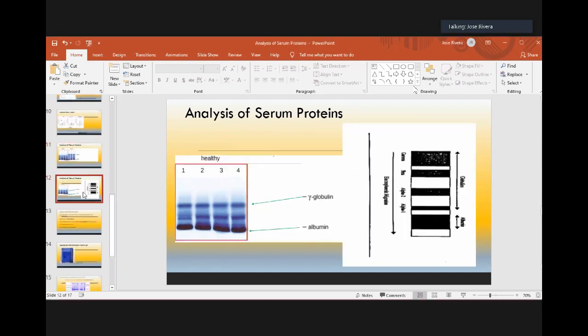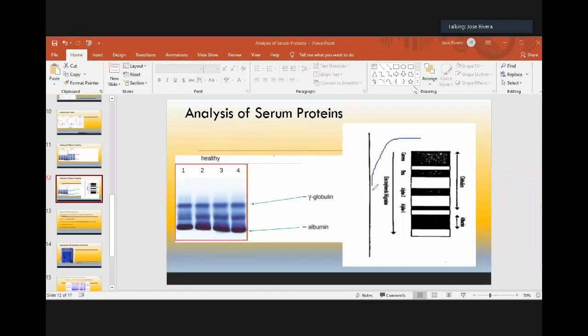So here, this is globulin and this is albumin. This is what I asked you to read, the actual protocol that we use in the lab. And this is one of the pictures the company that sends you the kit shows, a picture of how the different fractions migrate.